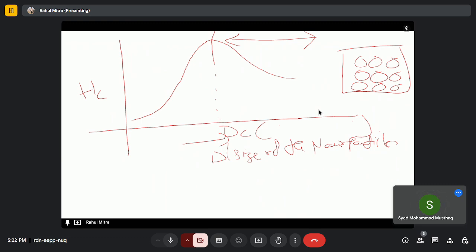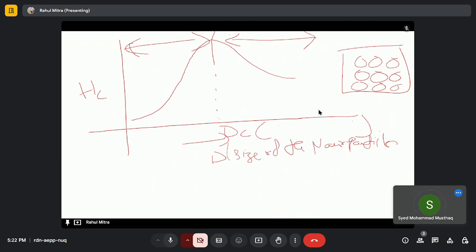The spins remain in the same direction. So once we start to decrease the size of the nanoparticle, the size of the system, what happens? Once we reach a critical diameter, we have a region where the domains are non-interacting, right?